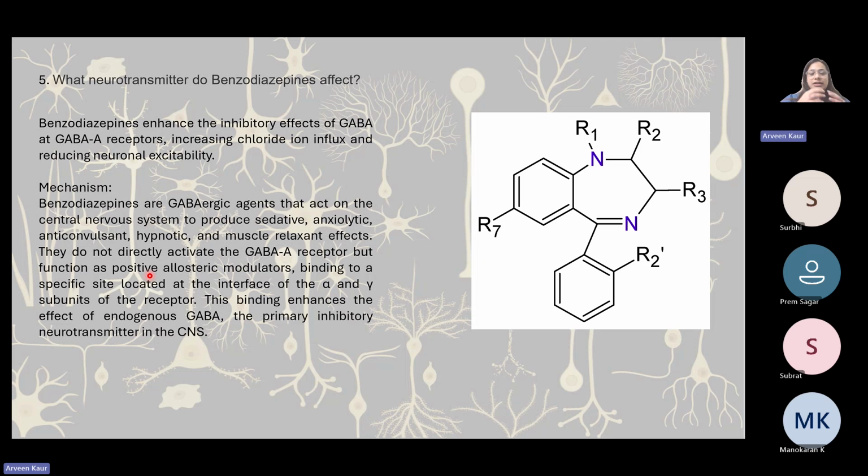So direct interaction is not there with the active site, but somehow they will indirectly modulate their active site, so that binding to a specific site located at the interface of alpha and gamma subunits of the receptor enhances the effects of endogenous GABA, the primary inhibitory neurotransmitter in the CNS, right?